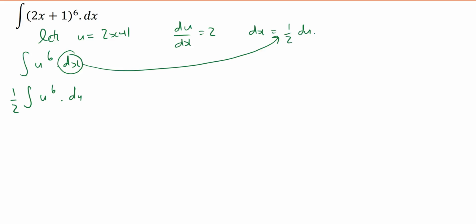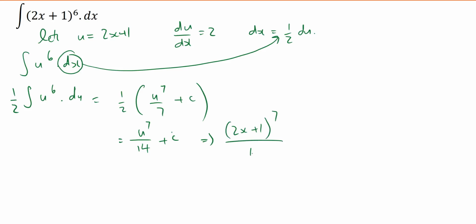So I'm integrating that, which is a half of u to the power of 7 over 7 plus c, giving u to the power of 7 over 14 plus c, whatever you want to call it, which gives my answer of (2x plus 1) to the power of 7 over 14 plus c.